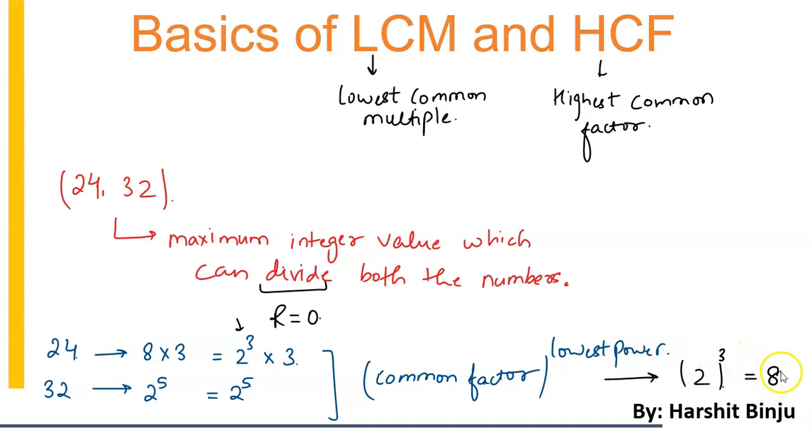Which is simply 8. So what do we mean by 8 in here? 8 is that highest possible number which can divide both the numbers. This is what is meant by the term HCF.